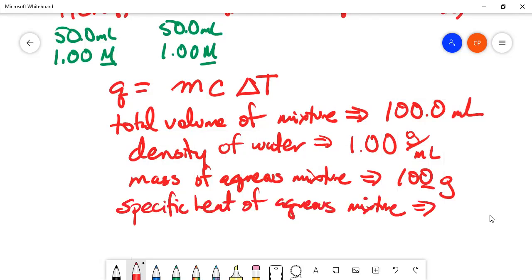And it turns out the specific heat of the aqueous solution, 4 significant figures, we can treat as the specific heat of water. And what's the specific heat of water?